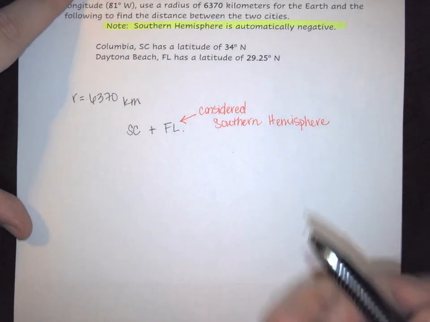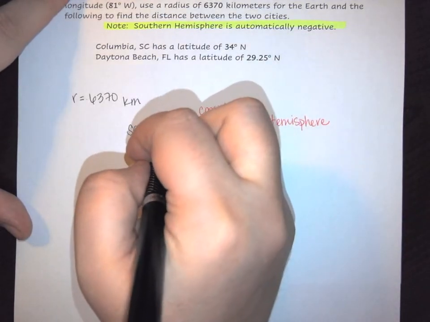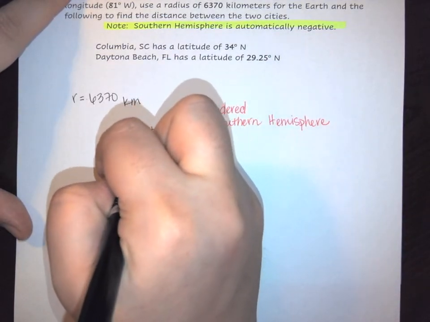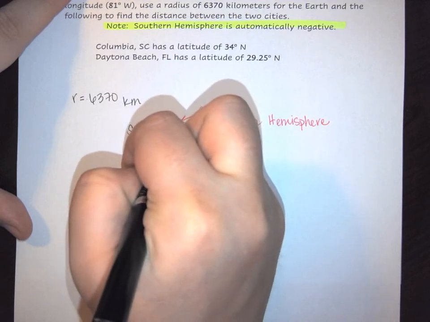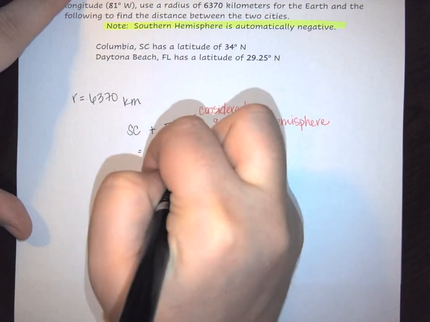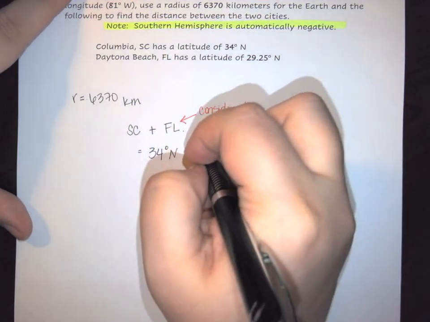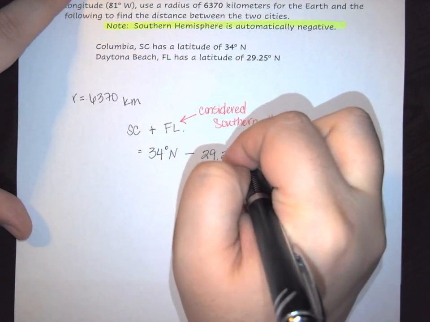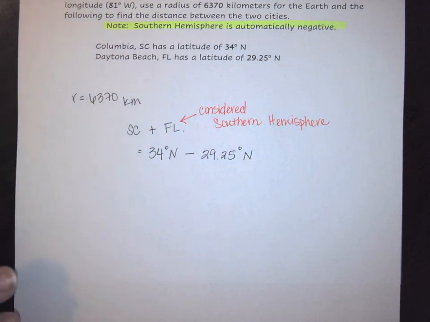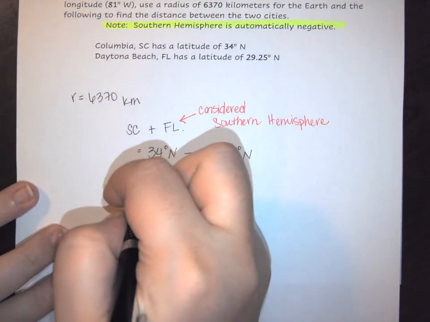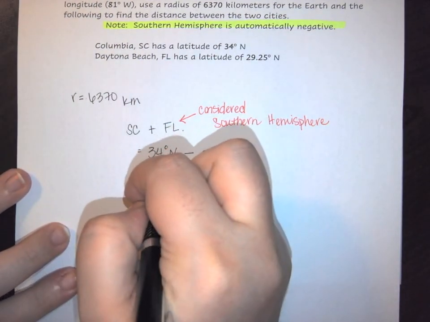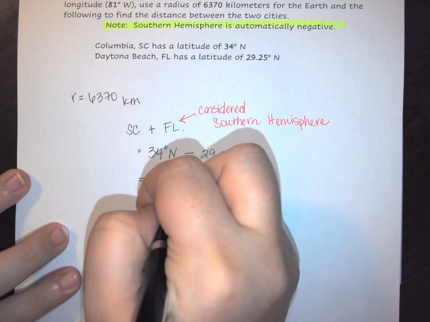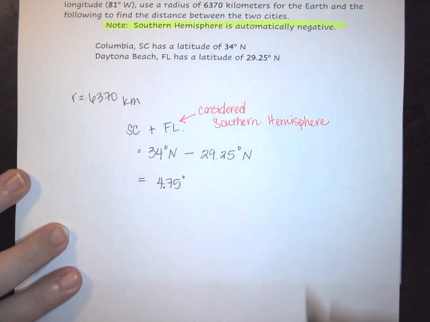So in this case, when we do that, we have 34 degrees north. So this would be 34 degrees north. And we're going to subtract the 29.25 degrees north. In this case, this comes out with a change of 4.75 degrees.